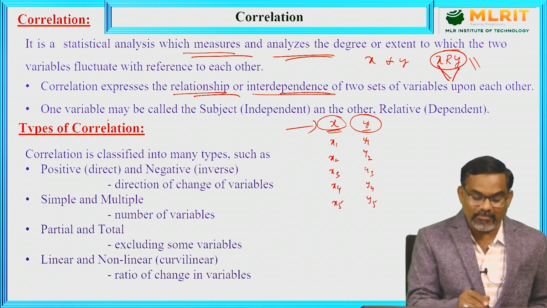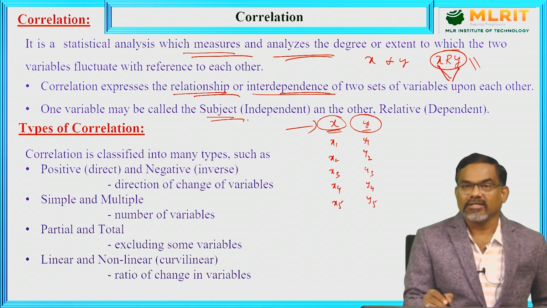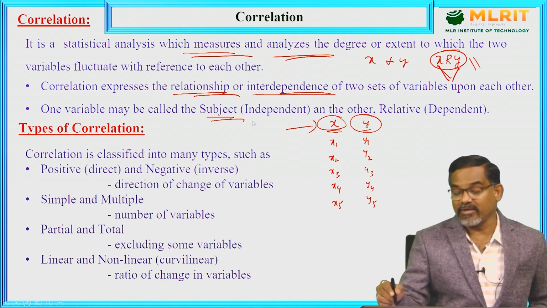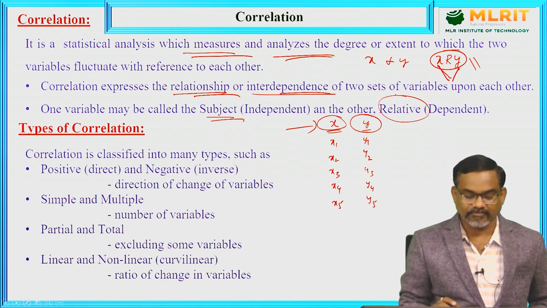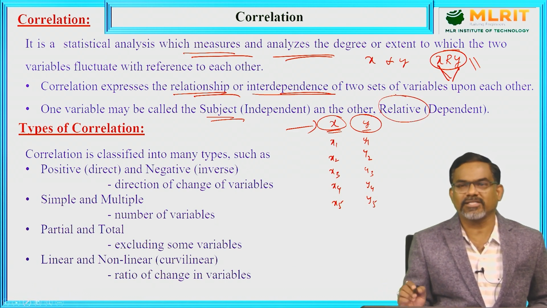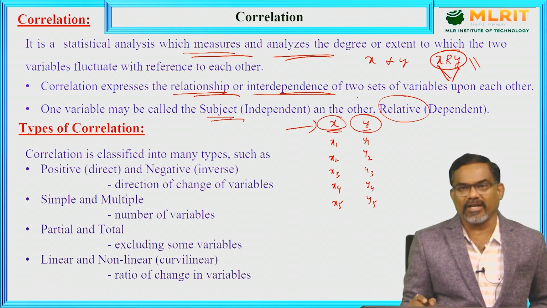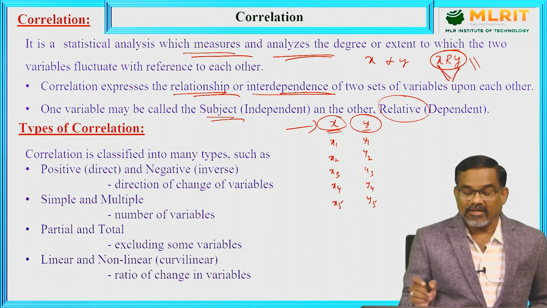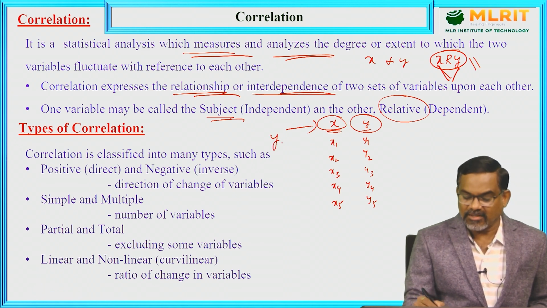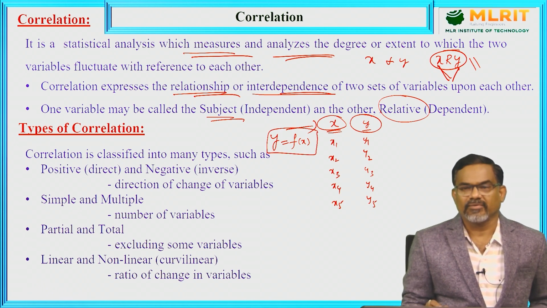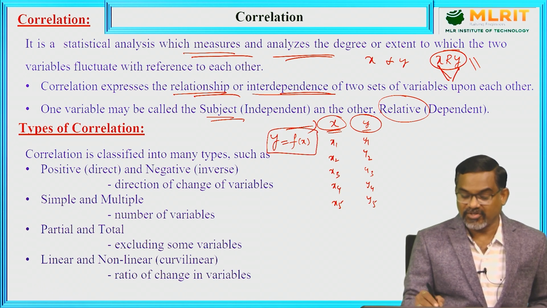So, one variable may be called the subject. In that, the independent variable is called subject, whereas the dependent variable is called relative. So, correlation expresses the relation or interdependence of two sets of variables upon each other. For example, in general in mathematics we consider y equal to f of x.